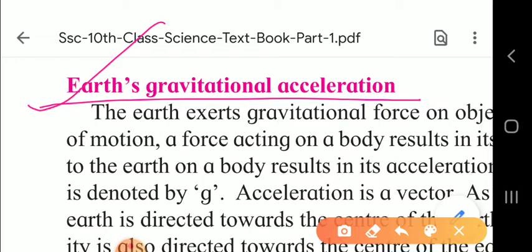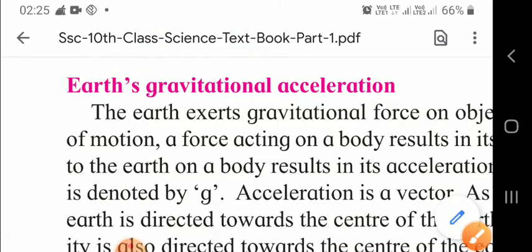Now, children, the earth exerts gravitational force on the objects which are near to it. And according to Newton's second law of motion, a force acting on a body results in its acceleration. So the gravitational force due to the earth on a body results in its acceleration. This is called the acceleration due to gravity, and it is always denoted by g.